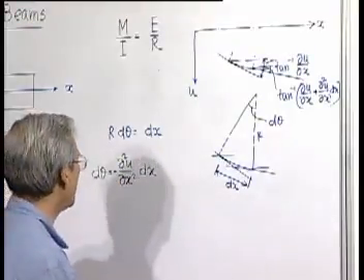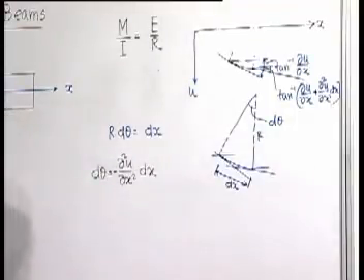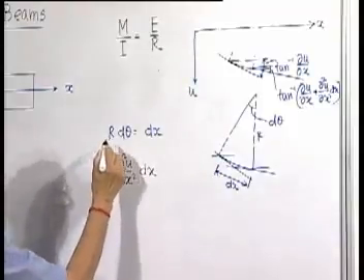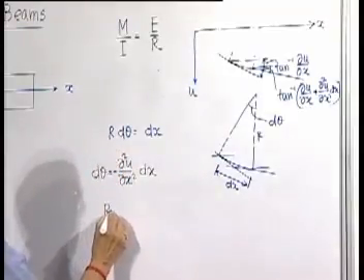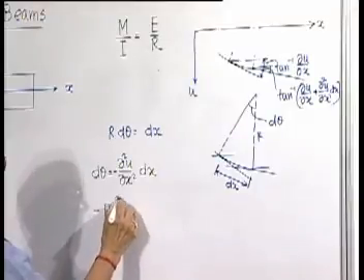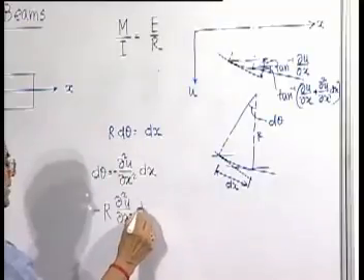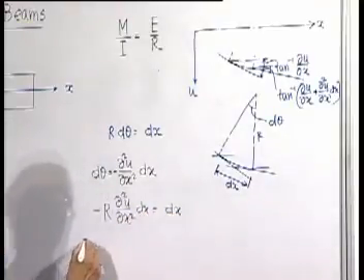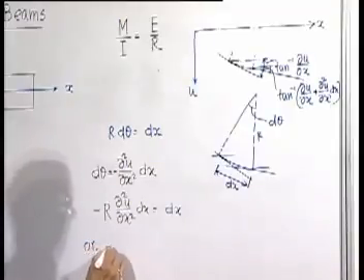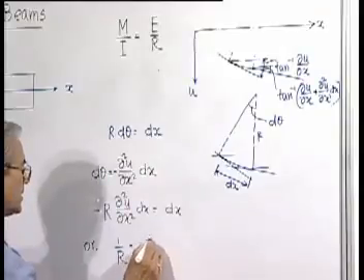Finally, we get r del 2u del x square dx equal to d theta, or 1 by r equal to minus del 2u del x square.